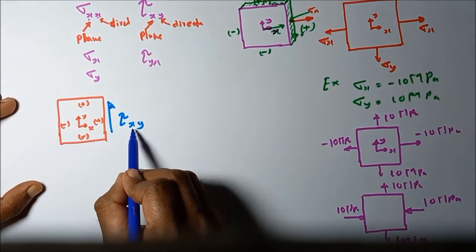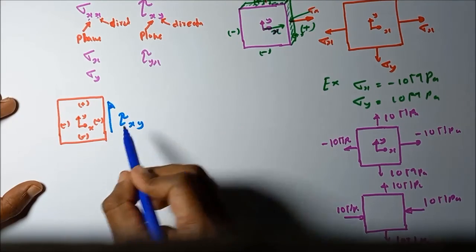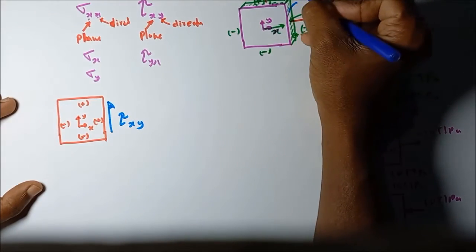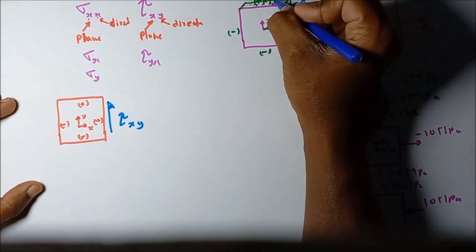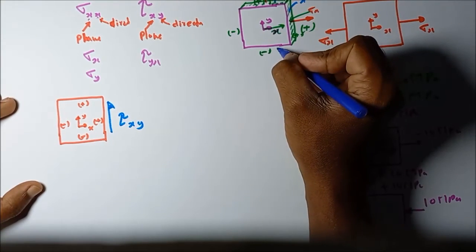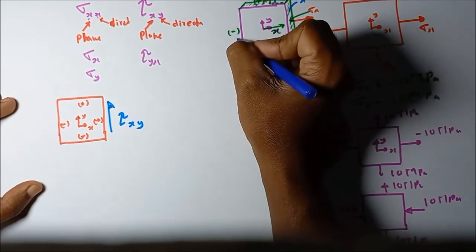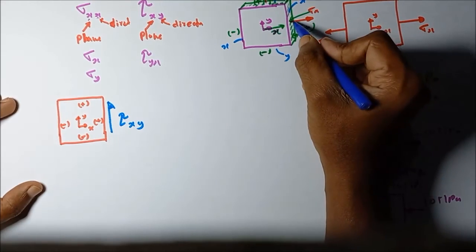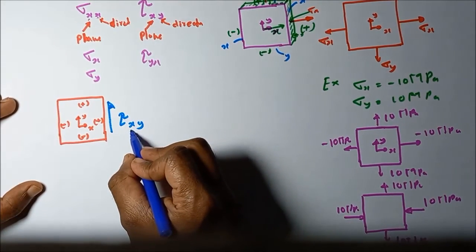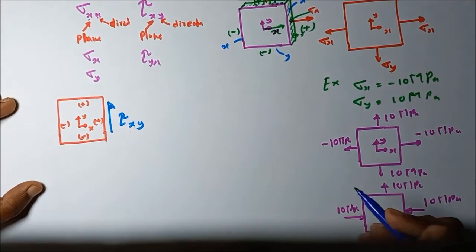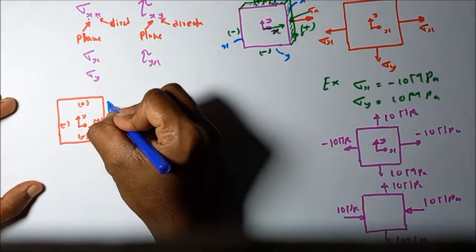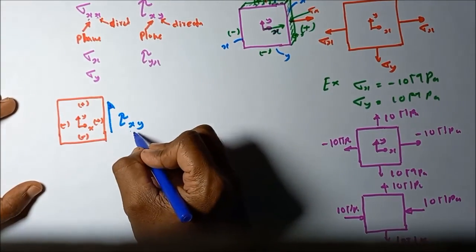Then the plane: x plane. These are called the x planes: positive x plane, positive y plane, negative y plane, negative x plane. The second subscript letter gives the plane. This is how we mark the positive tau xy.